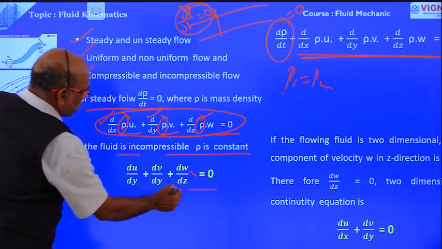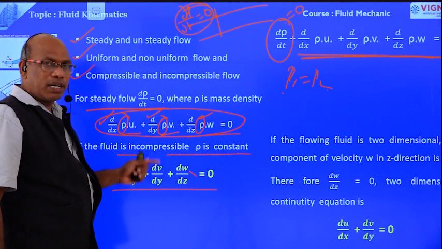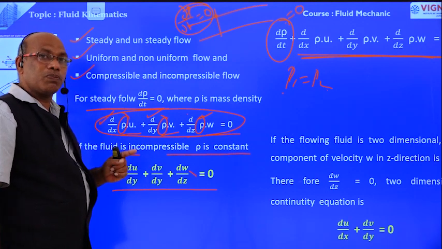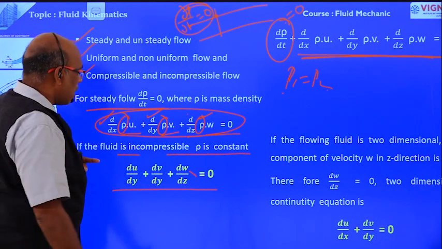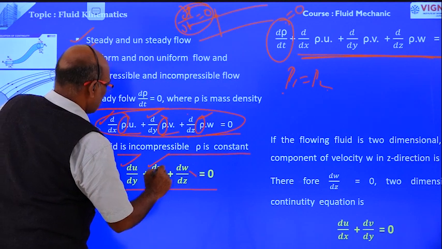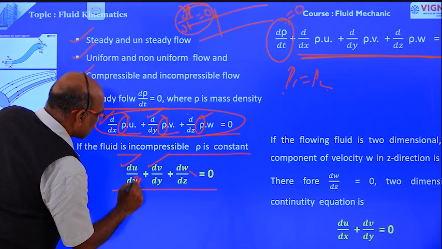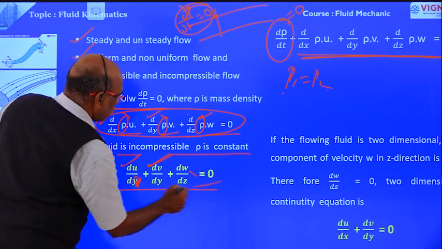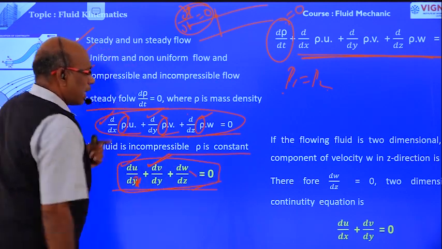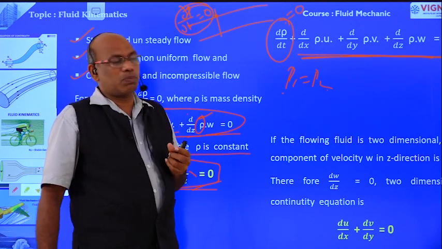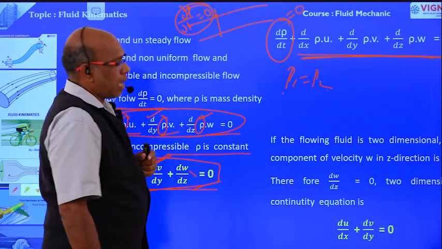Therefore, the continuity equation for steady and incompressible flow in three dimensions is dou u by dou x plus dou v by dou y plus dou w by dou z is equal to 0. This is the three-dimensional continuity equation for steady and incompressible fluids.